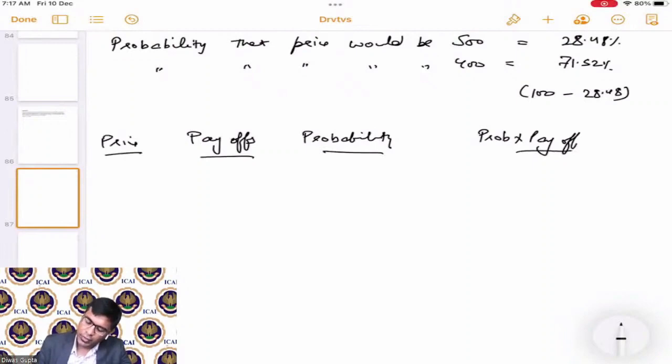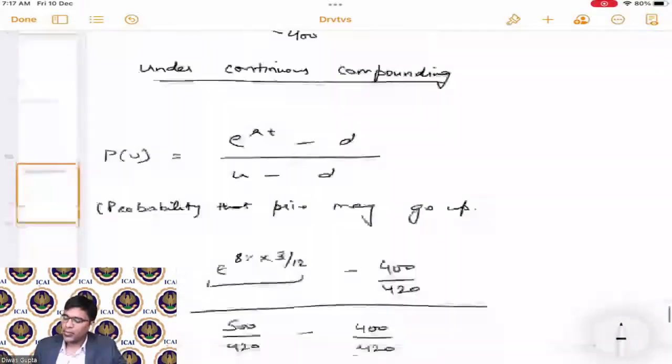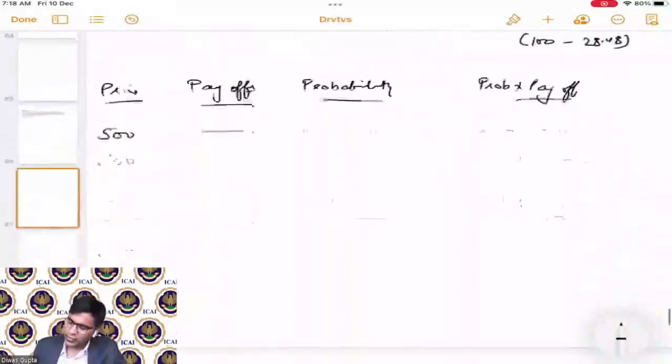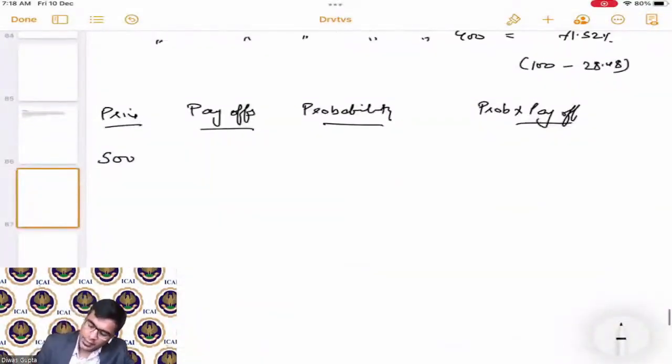If it is coming out to be 500, the payoff will be how much? The payoff will be 500 minus the strike price, not the spot price, correct? Because the payoff will be determined from the strike price of 450. So the payoff will be 50 here. Probability is how much? 28.48%, correct?